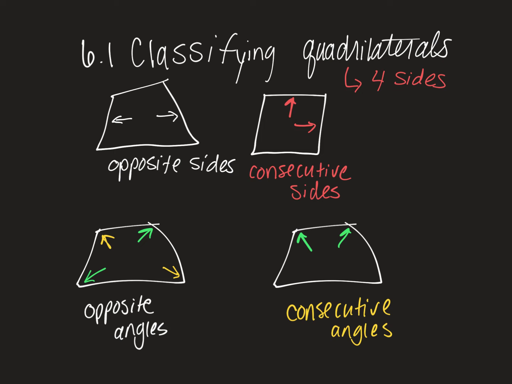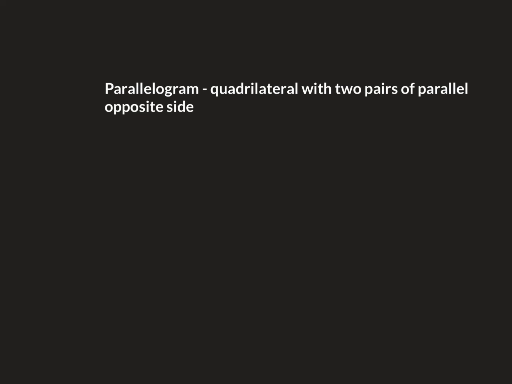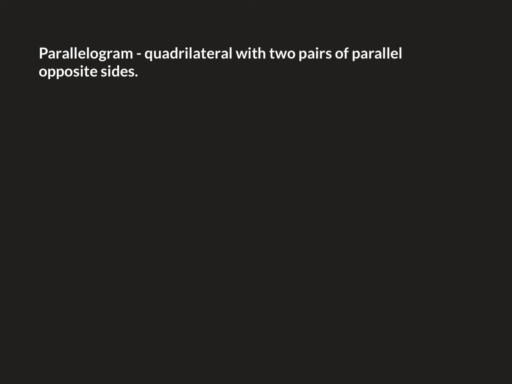Okay, now that we understand that, let's get into some definitions of specific types of quadrilaterals. The first definition we have is a parallelogram, which is a quadrilateral with 2 pairs of parallel opposite sides. Let's draw what that looks like.